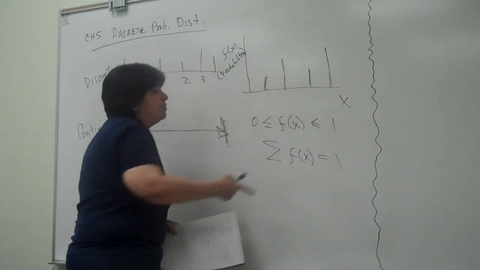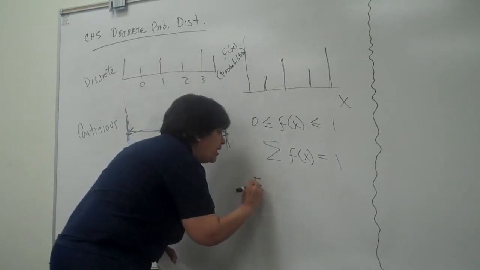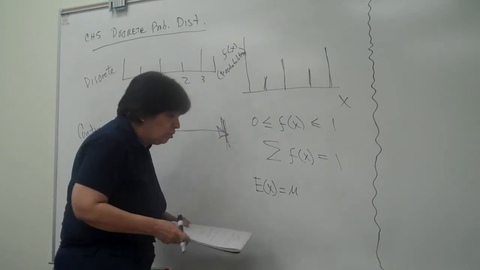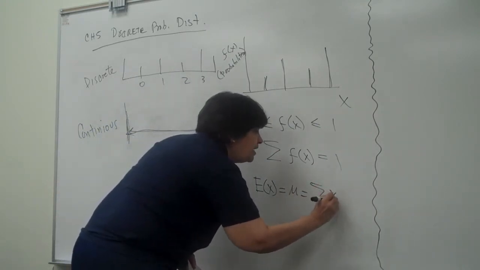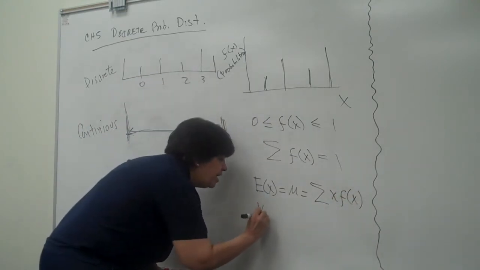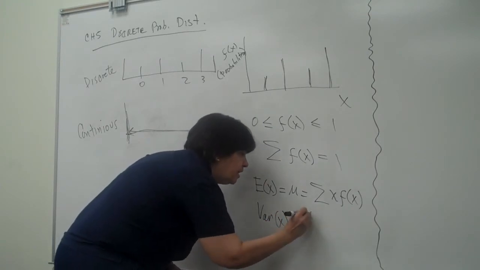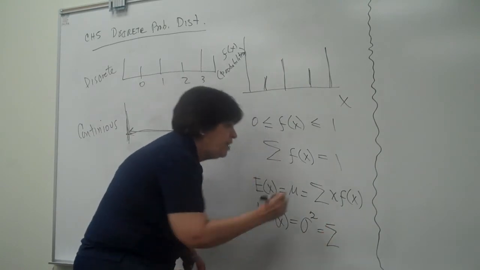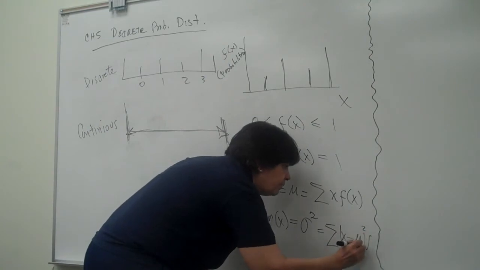And in a discrete probability distribution, the expected value of the function is what is called the mean, or mu, and that's equal to the sum of x times f of x. And the variance, that is called sigma squared, is equal to the summation of each one of the x minus mu squared times f of x.